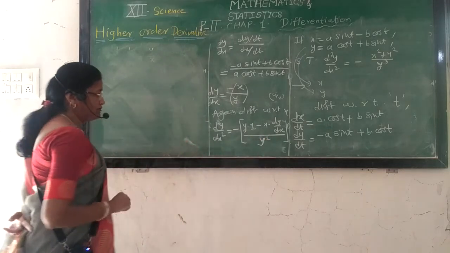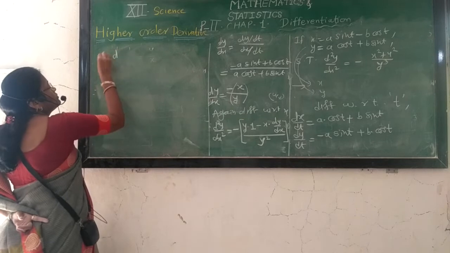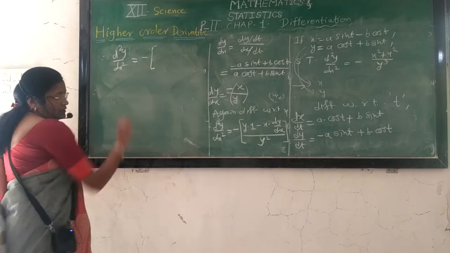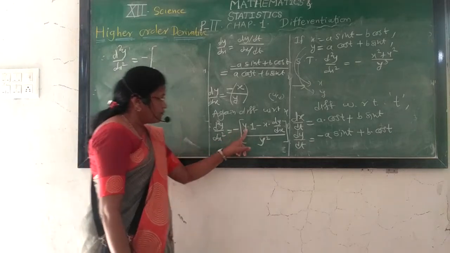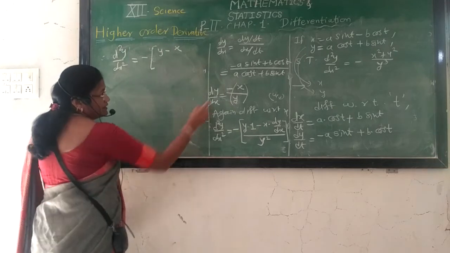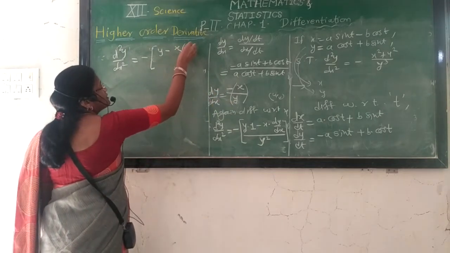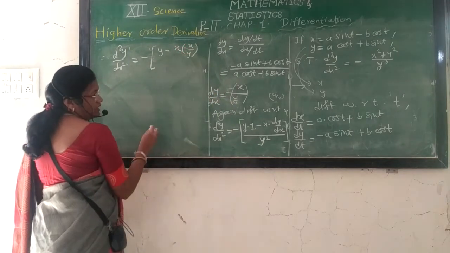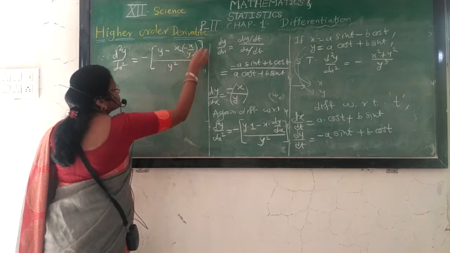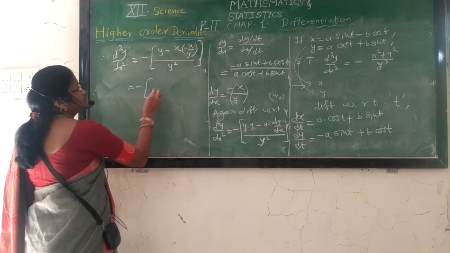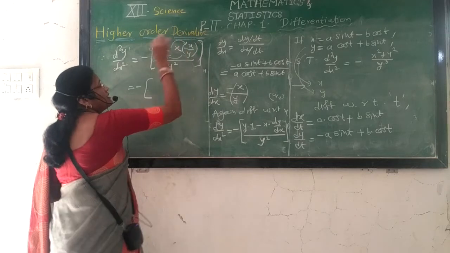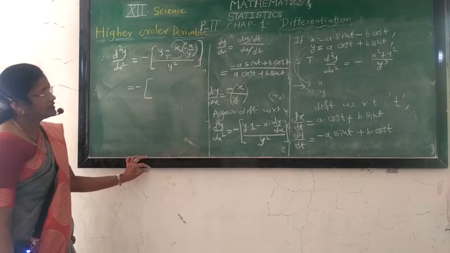Now we take only the proper balance. So d2y by dx square is equal to, this minus as it is, y minus x into dy by dx, again that is minus x upon y, whole divided by y square. So simplify: this y is multiplied to this y and this x is multiplied to this x, by taking minus, minus plus.